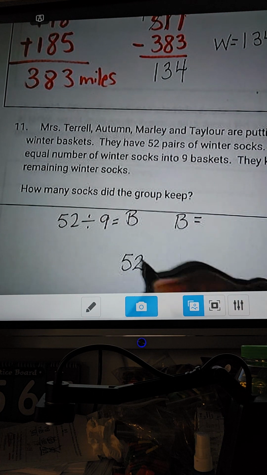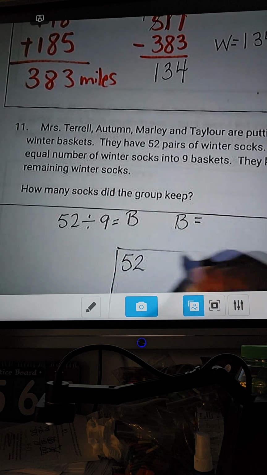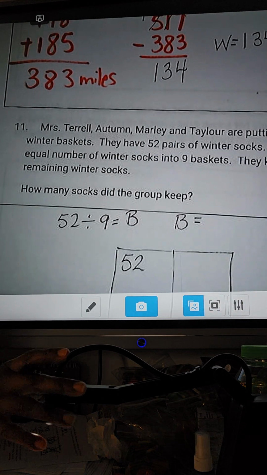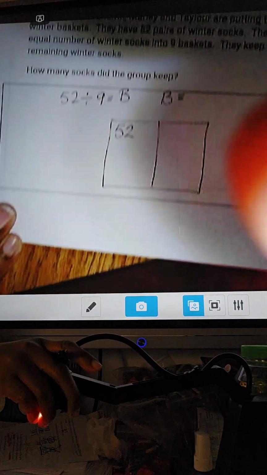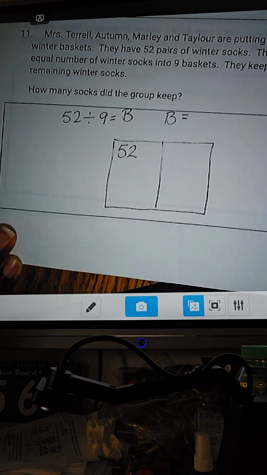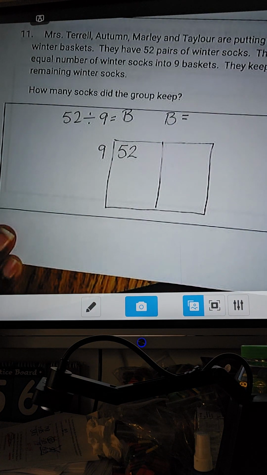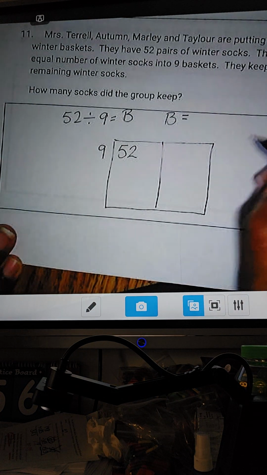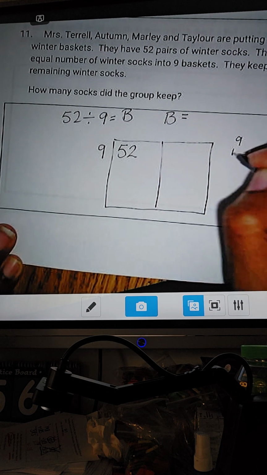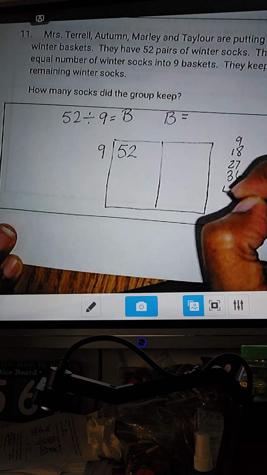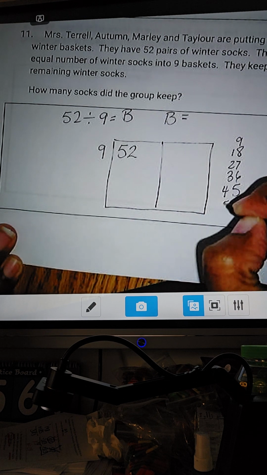This should be very easy. 52 divided by 9. And if I do my 9s, 9, 18, 27, 36, 45, 54.